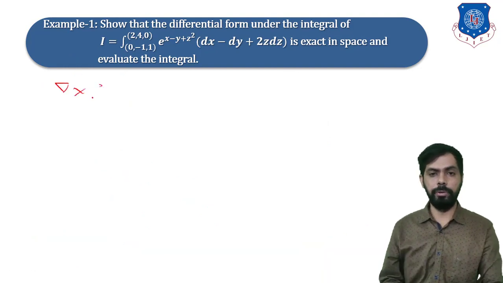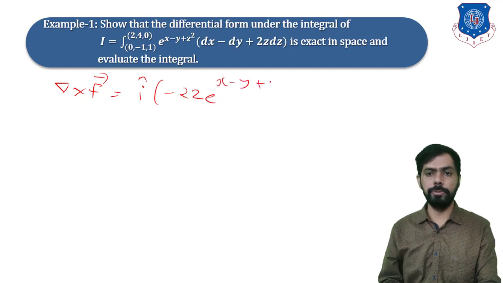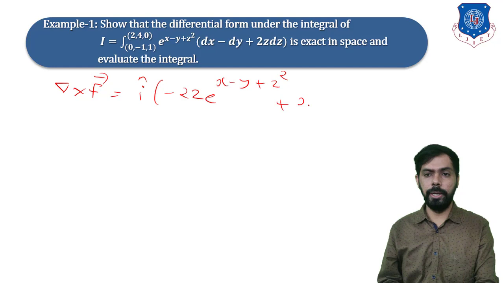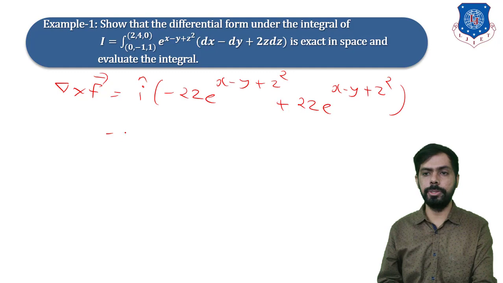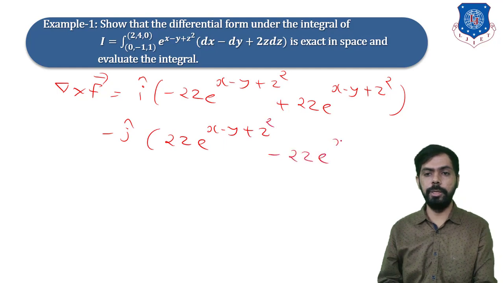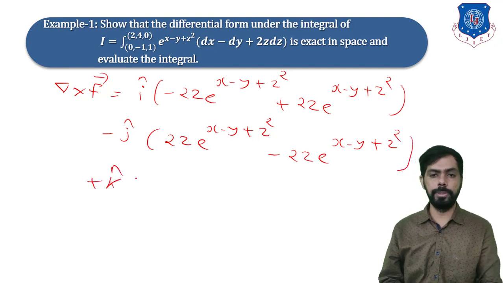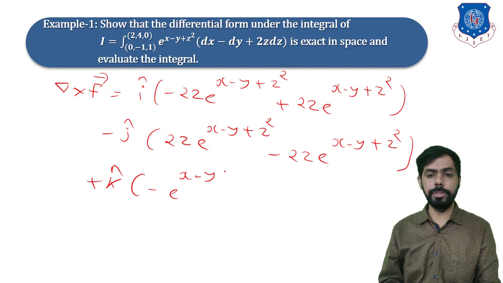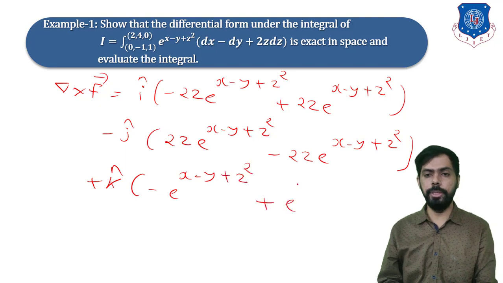Therefore curl of f is equal to i cap in bracket minus 2z e raised to x minus y plus z square plus 2z e raised to x minus y plus z square, minus j cap 2z e raised to x minus y plus z square minus 2z e raised to x minus y plus z square, plus k cap minus e raised to x minus y plus z square plus e raised to x minus y plus z square.